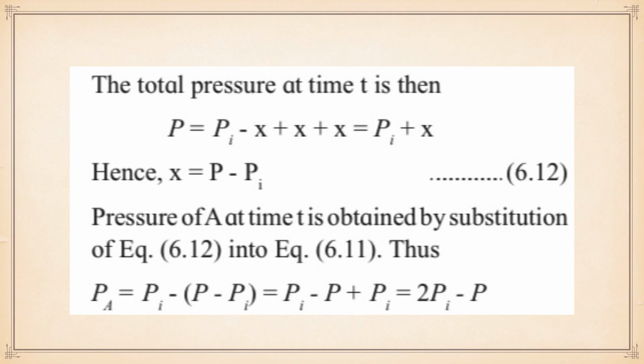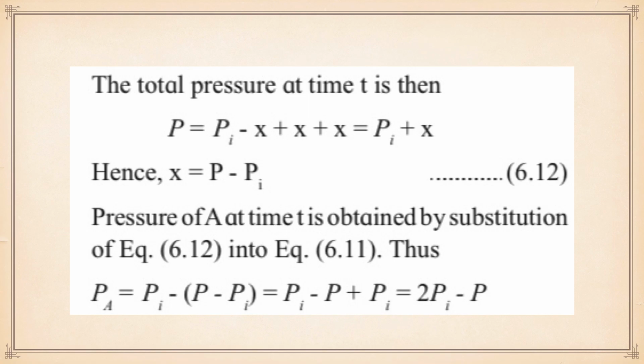So this value of x will be substituted in the expression for Pa. So the pressure of A at time t is obtained by substitution of equation 6.12 into equation 6.11. That is, we are going to substitute in the equation Pa is equal to Pi minus x. So instead of x, I am going to write down P minus Pi.